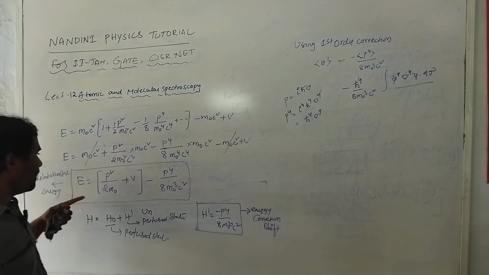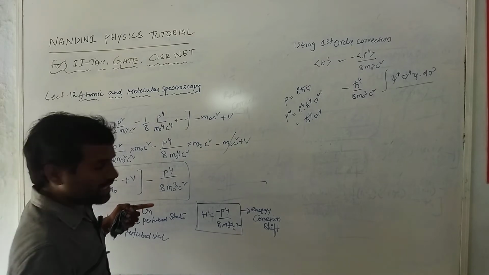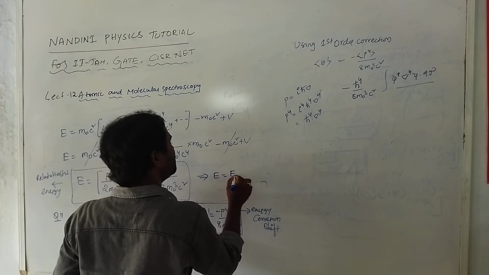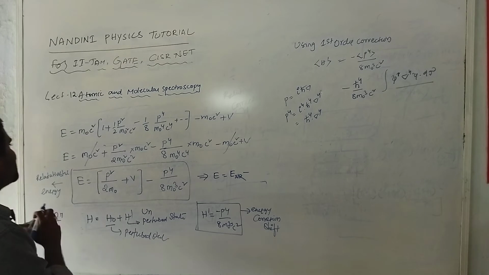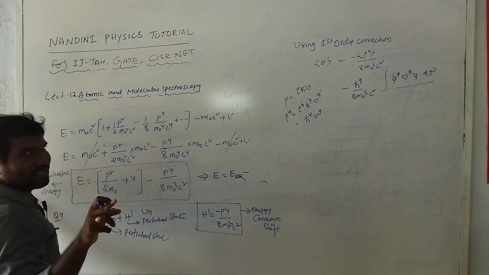See here, I write this is actually the relativistic energy. So this energy E is equal to the energy in the non-relativistic case minus, see, first of all, the electron is right now treated as the relativistic case.